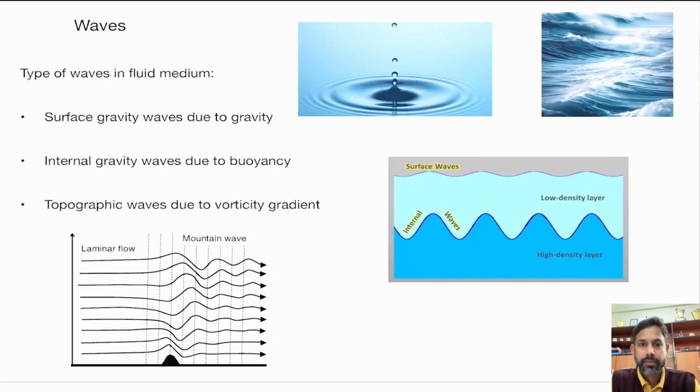Okay, so wave is something that you understand. This is sort of an oscillatory motion which goes up and down depending on its amplitude, etc. Right? And in fluid, particularly, there are three or more kinds of waves that get created.